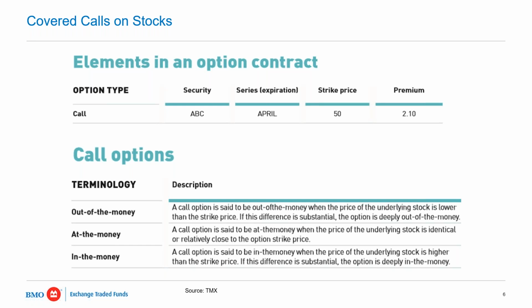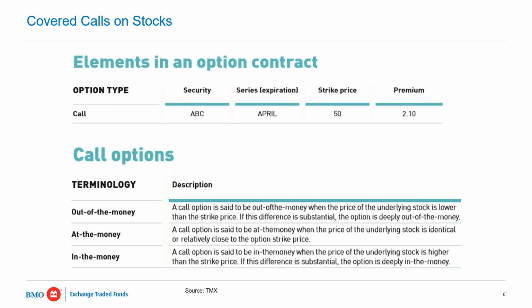And when you talk about call options, you also have the strike price. So if the strike price is $50, that means you are selling this call option in exchange for a premium of $2.10. That is the premium return that you are going to be collecting for selling this call option.